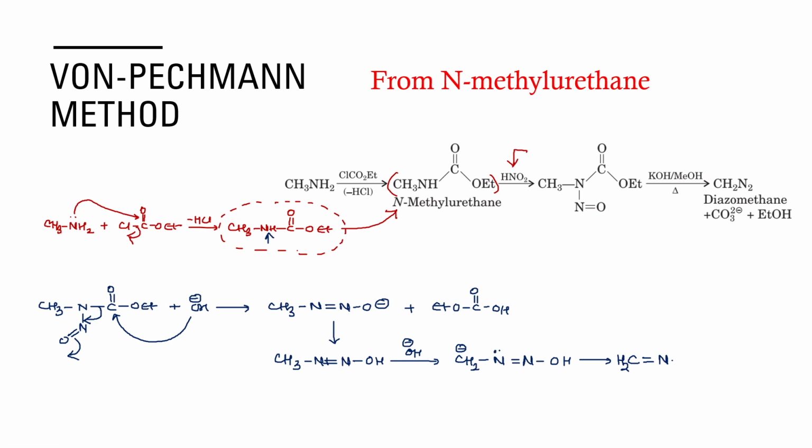You can take the lone pair over here and you can move it over here and you can remove this. So you would be getting something on the same lines as we had discussed earlier in the previous von Pechmann method, CH2 minus N triple bond N, and this nitrogen has a positive charge.